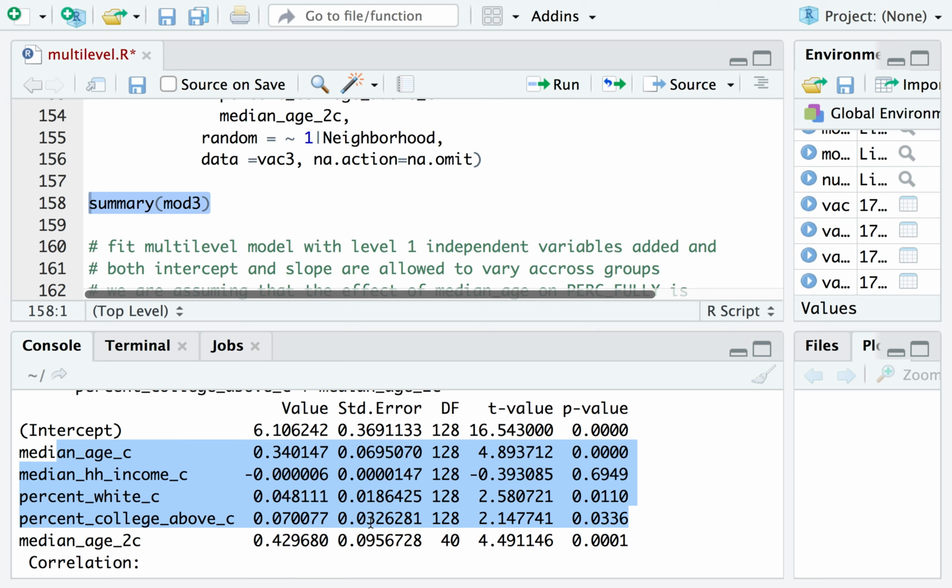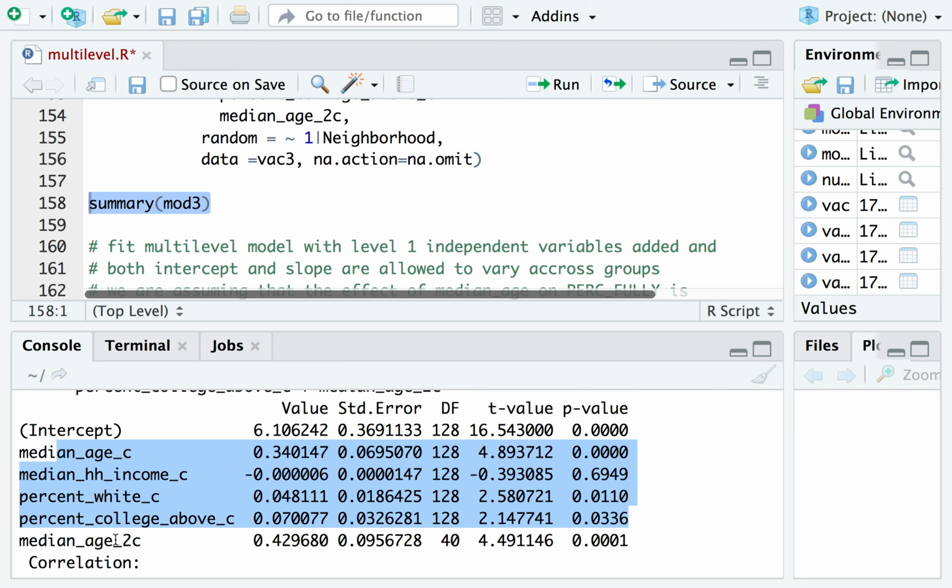Meaning I cannot say that the aggregate median age level 2 predictor on the neighborhood is a significant predictor of a specific zip code vaccination rate. So that's the one thing I avoid.